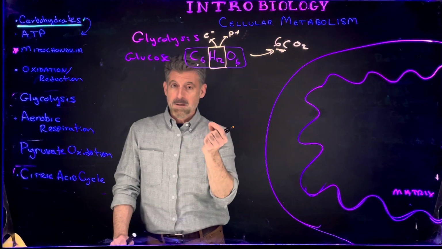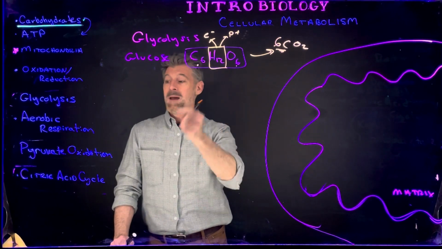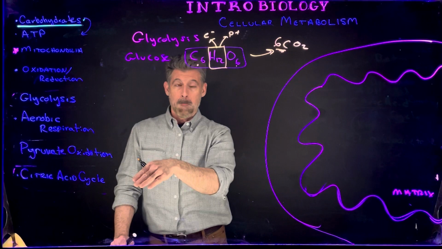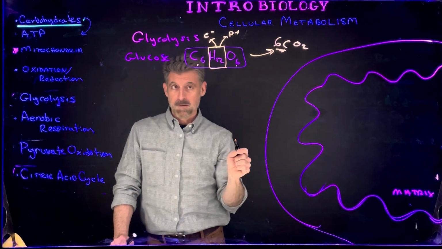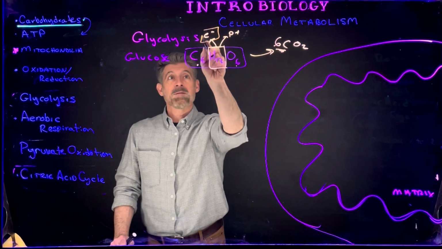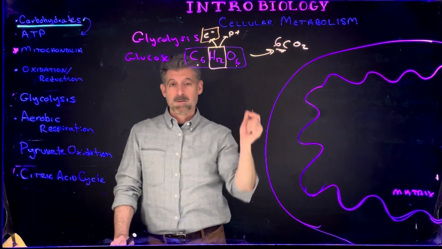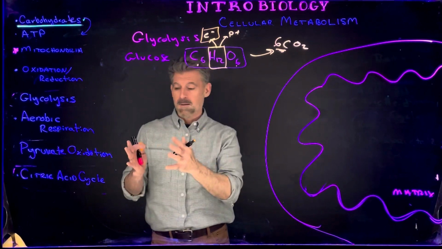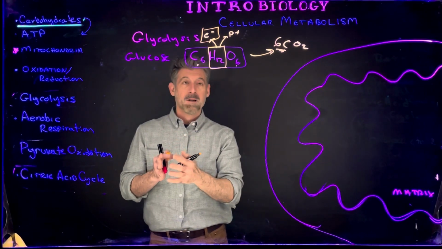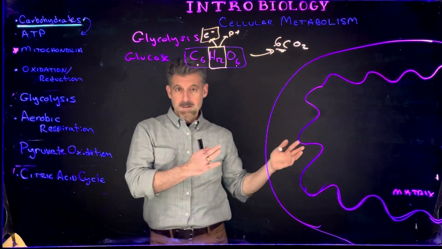So the energy that we're going to use to make the ATP molecules, the energy coming from the sugar, is actually coming from the hydrogens of the sugar. And even more specifically, it's coming from the electrons from those hydrogens. That's why the chemistry part of the class, right at the very beginning, is really important, because it connects to these other things.